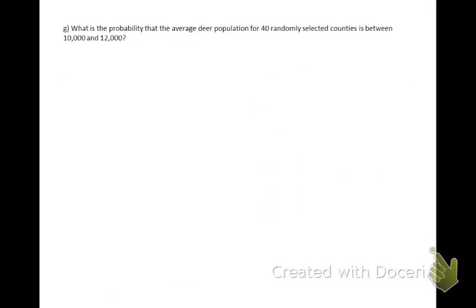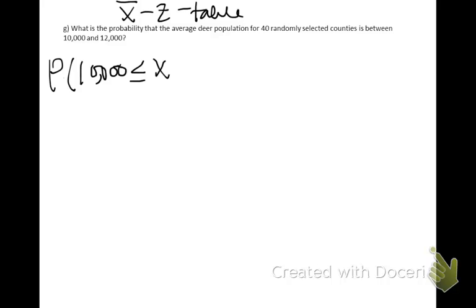Here's another example. What is the probability that the average deer population for 40 counties is between these two numbers? Because you're seeing average, you should be thinking X-bar, z-table steps. To write this with the correct notation, we're looking for the probability of being between 10,000 and 12,000.